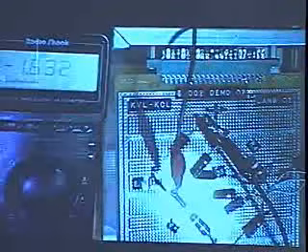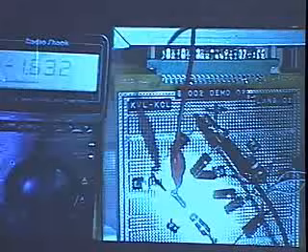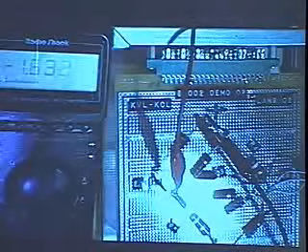Okay, so the next one is minus 1.6. And so that will be, I'm doing AB, VAB.